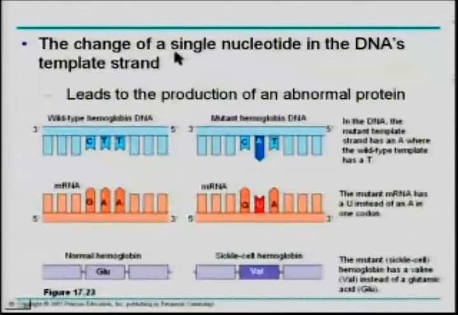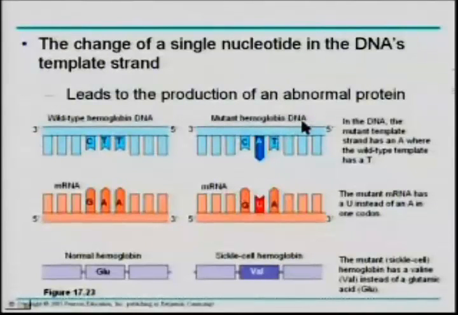The change of a single nucleotide in the DNA's template strand leads to the production of an abnormal protein. So here we see wild-type hemoglobin DNA, CTT, and the messenger RNA, GAA, and the normal hemoglobin has a glutamine residue at this location along its length.